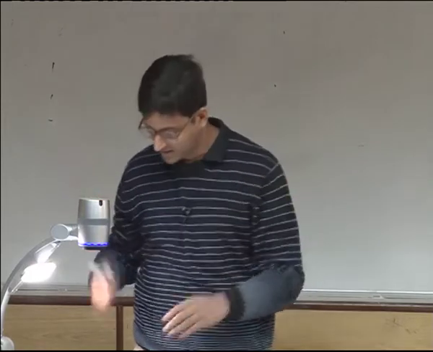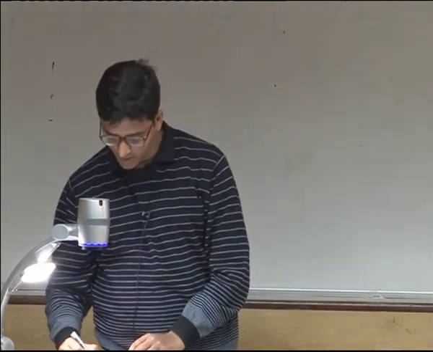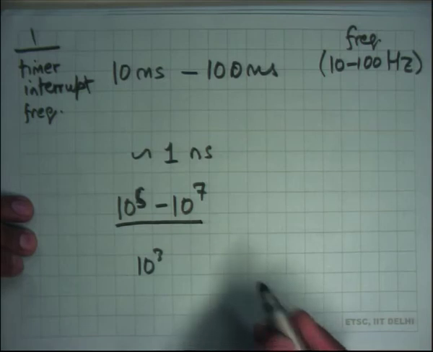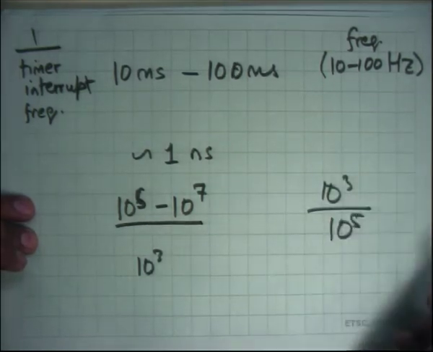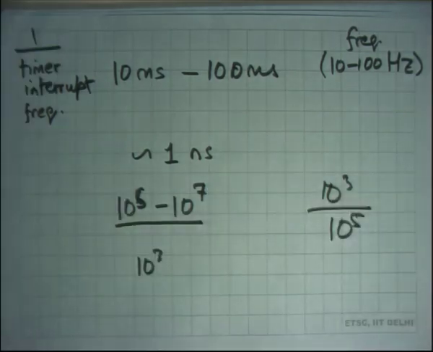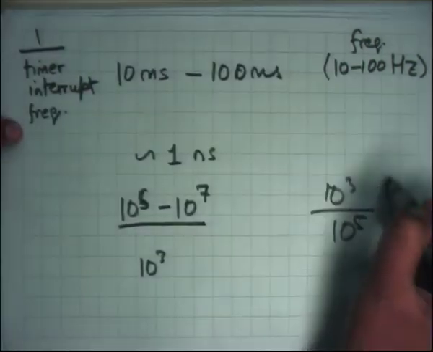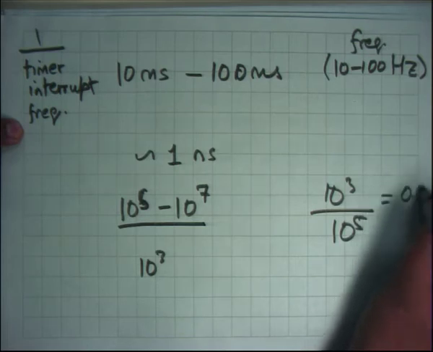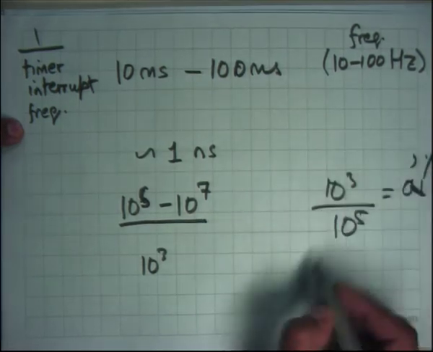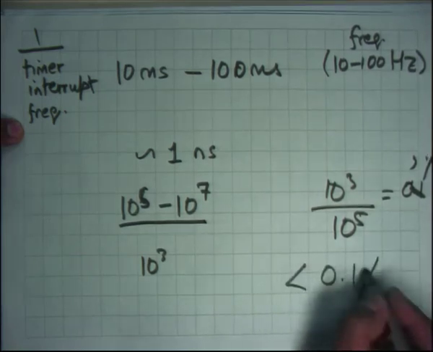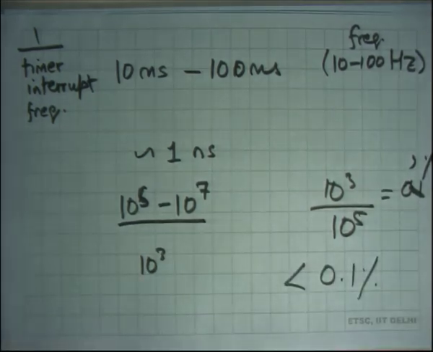So the overhead is 10 to the power 3 upon 10 to the power 5, that's 1%. Actually it's going to be less than 0.1% on modern hardware.